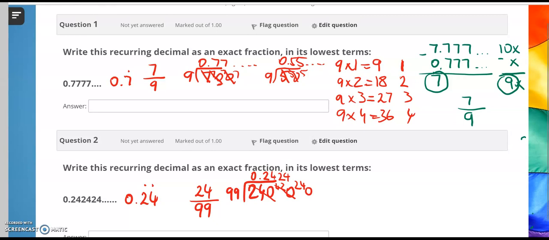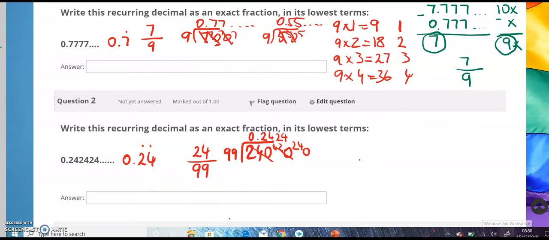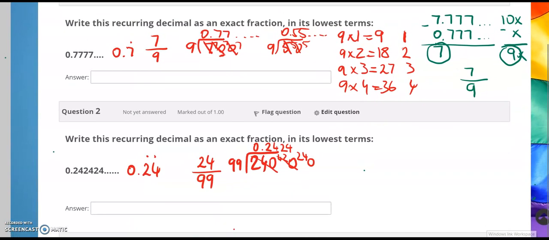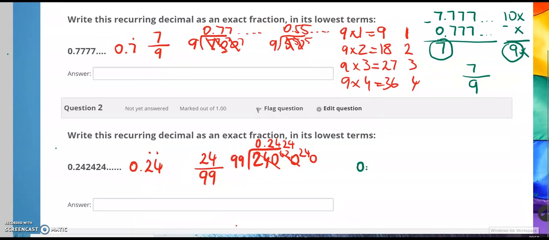Now looking at the algebraic way to do this, so if we let 0.2424 recurring be an amount x, and we multiply this by 100, because we have 2 digits that repeat themselves rather than 1 as we had above.